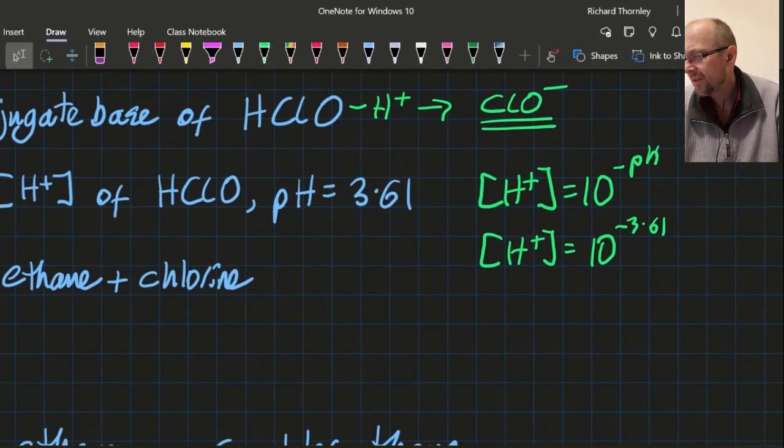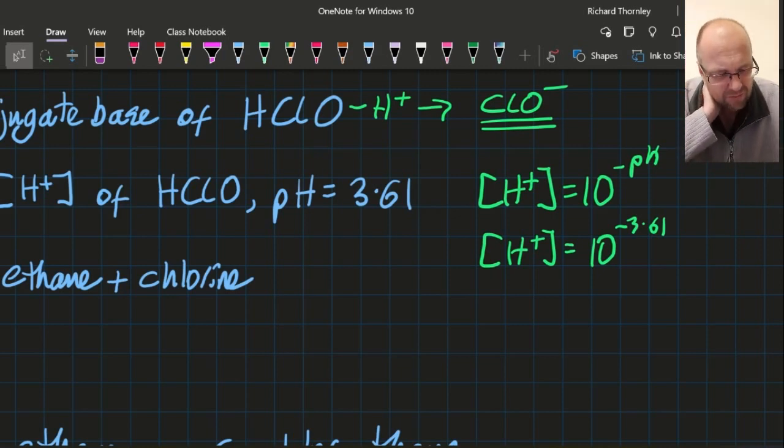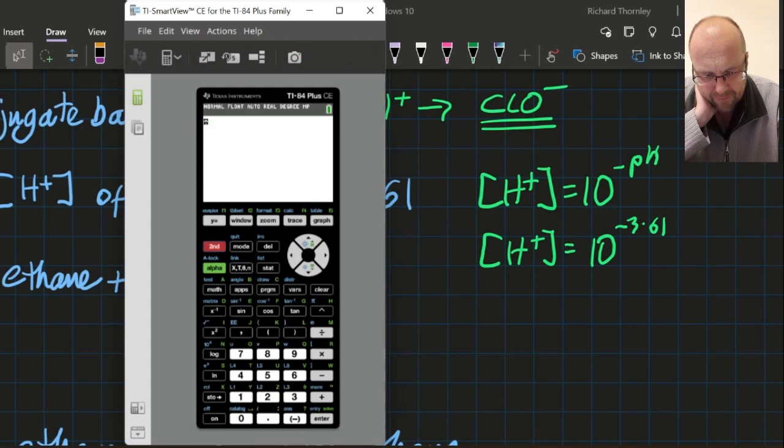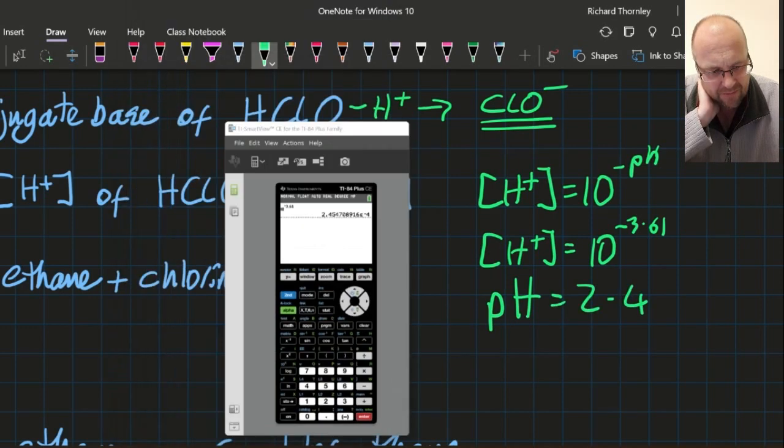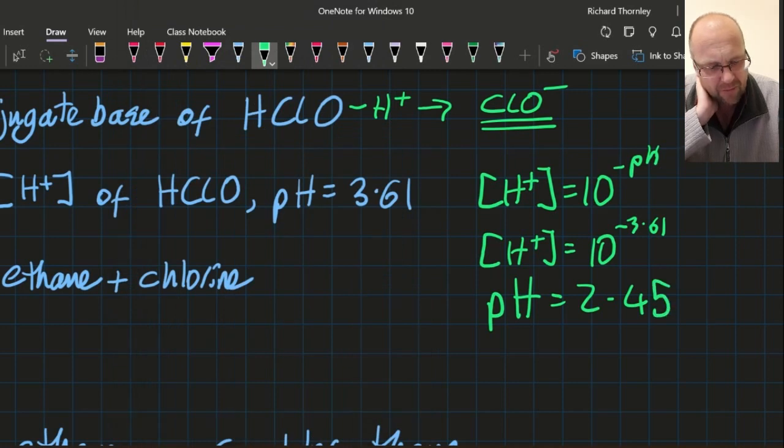Now, I remember their answer has 2 decimal places, 2 sig figs. Part of me thinks it should be 3, but anyway. So I think that's pH 2.45, wasn't it? No, what am I talking about?